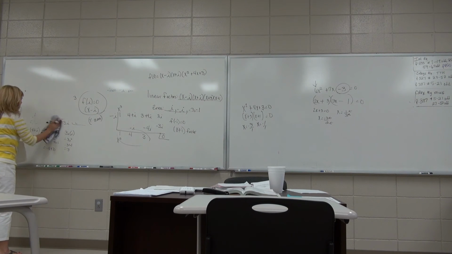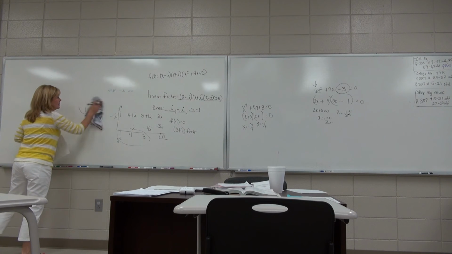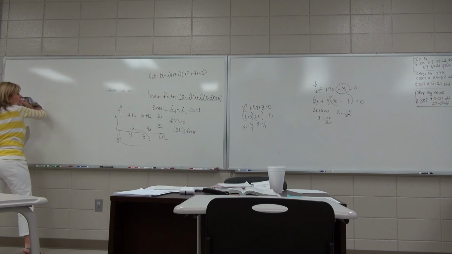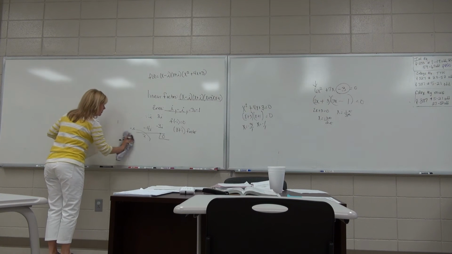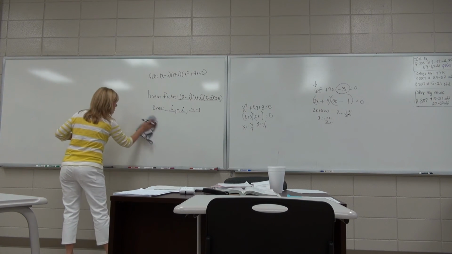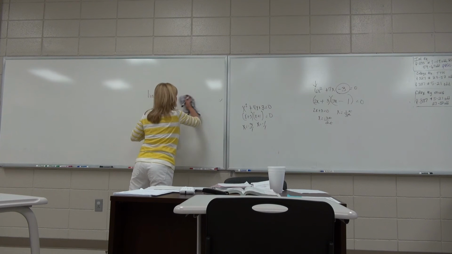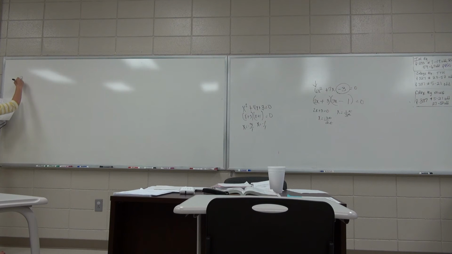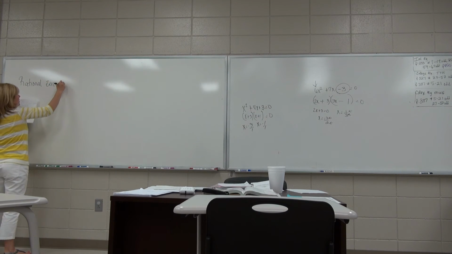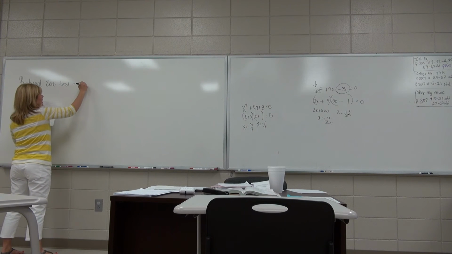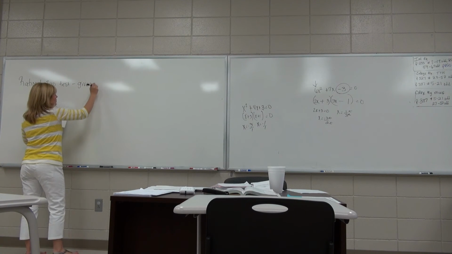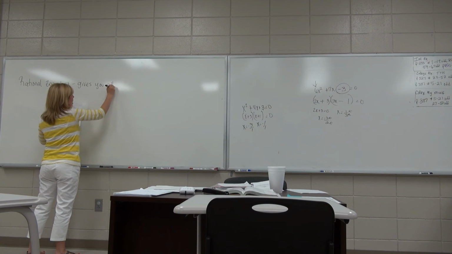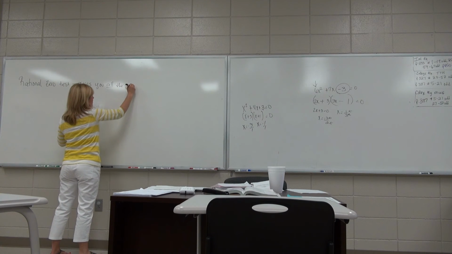it's going to help me find all the possible zeros by using that terminology there. Okay, so the rational zero test is going to give you all the possible zeros.